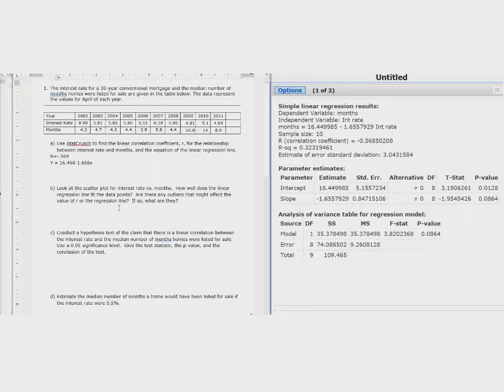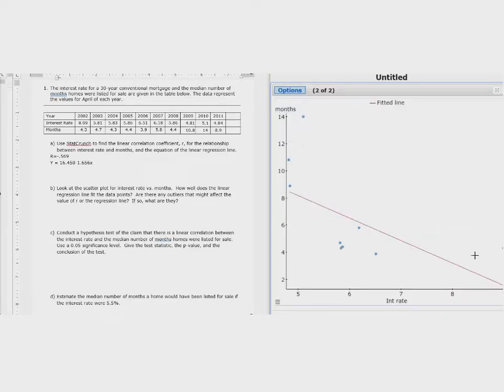Okay, then the other thing that this will do automatically for you is give you a scatter plot. If I go back to StatCrunch and click this arrow on the bottom right, it will take me to the scatter plot. Now this one, because there weren't very many data points, it's kind of hard to tell what's going on.